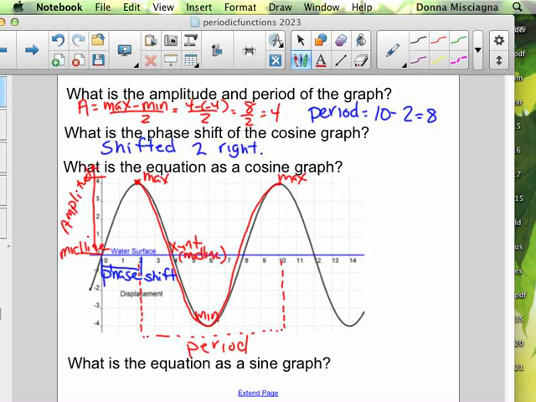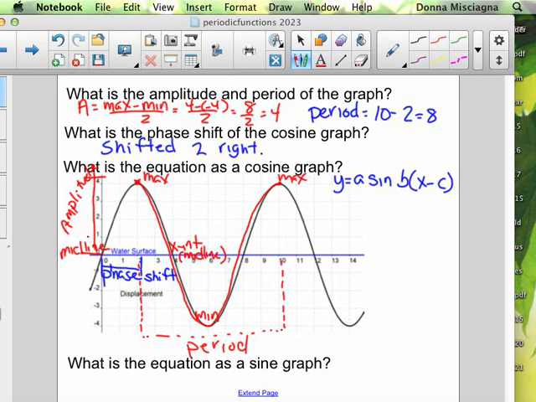Now this particular graph does not have a vertical shift. The midline is right at the x-axis. So in terms of writing the equation of this as a cosine graph, we have the format y equals a cosine b times x minus c.